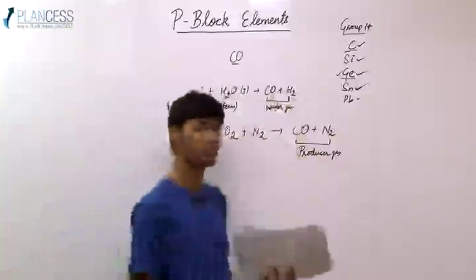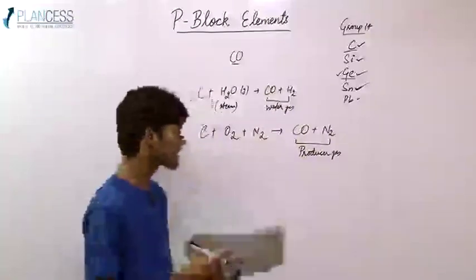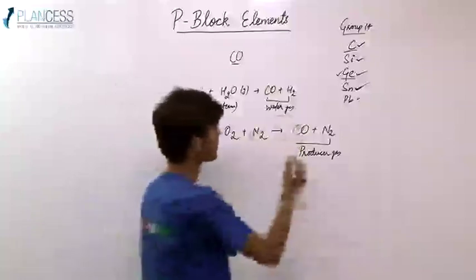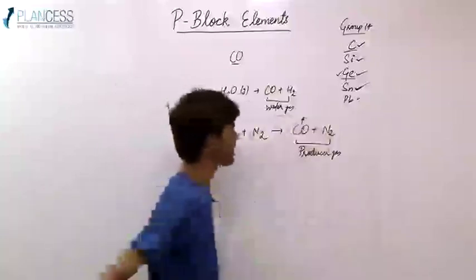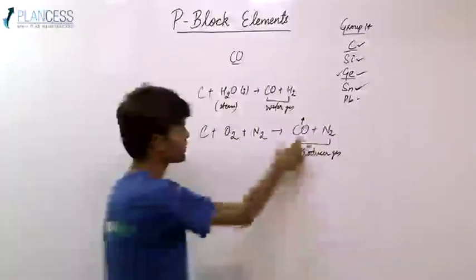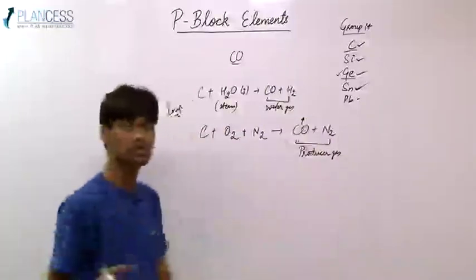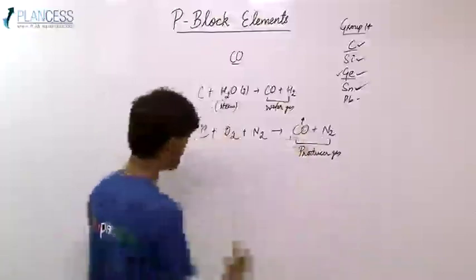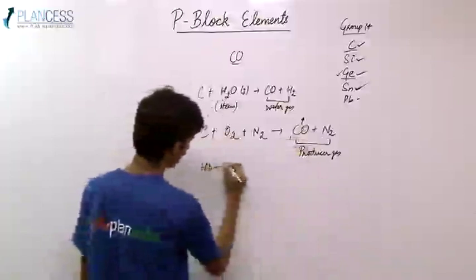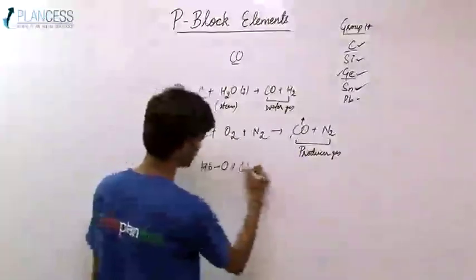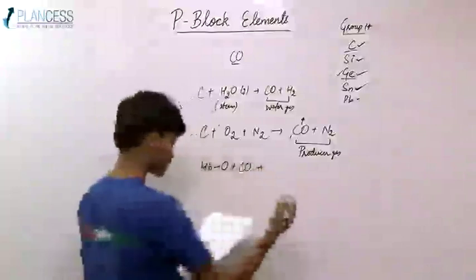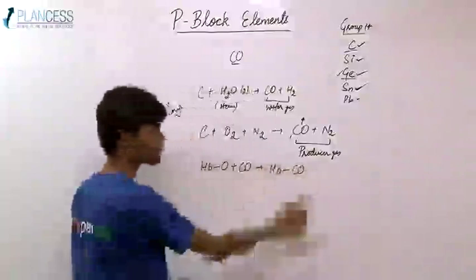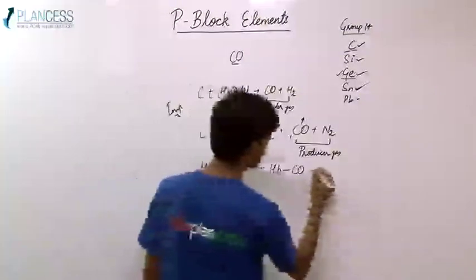Now talking about the properties of carbon monoxide. Carbon monoxide is a colorless gas. It is a neutral oxide, that is, it is neither basic nor acidic. However, carbon monoxide is toxic in nature because it forms a complex with hemoglobin, carboxyhemoglobin, and releases oxygen.